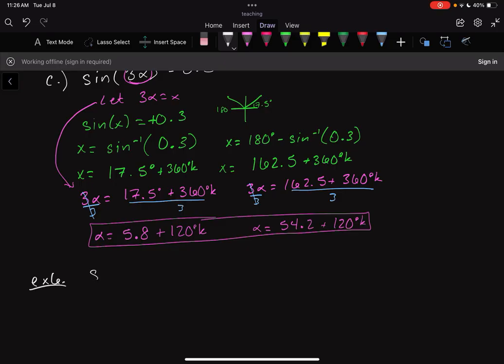So this one says solve sine squared x plus sine 2x plus cosine squared x equals 0 for x in the interval 0 to 2 pi.